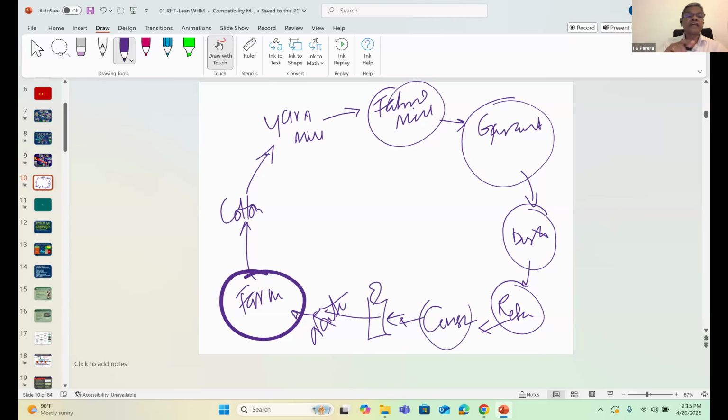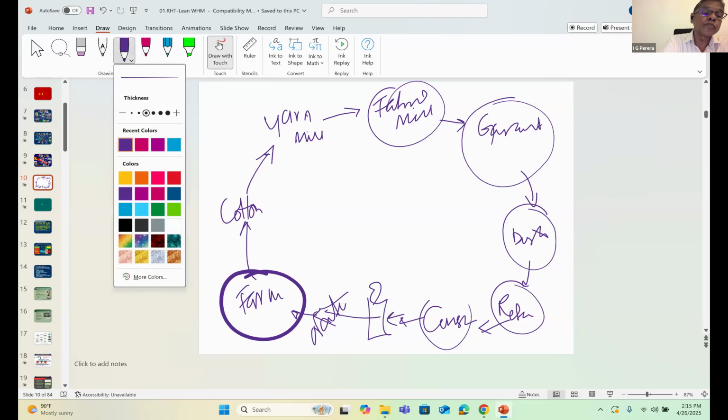So in this particular cycle, there are so many inefficiencies taking place. That is what is more important to us. In terms of funds, resource movements, and information, there are a lot of inefficiencies taking place.